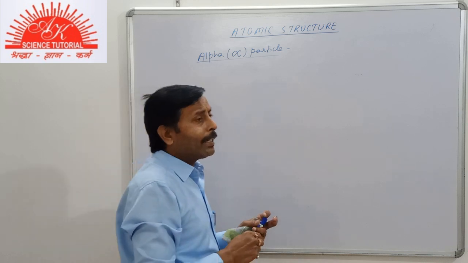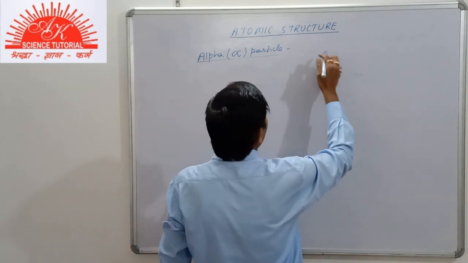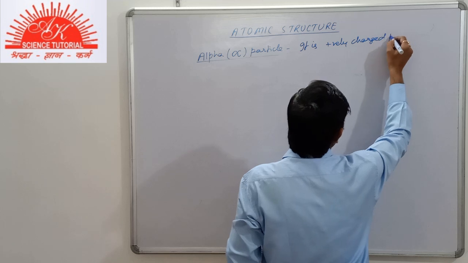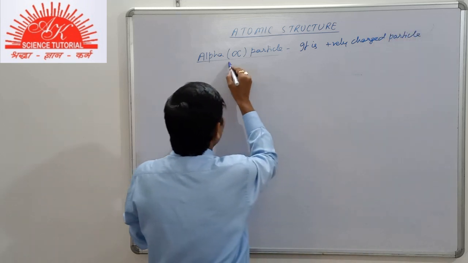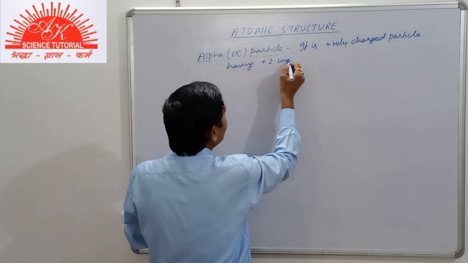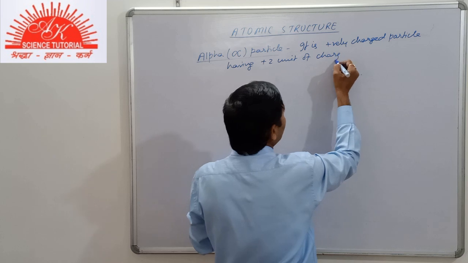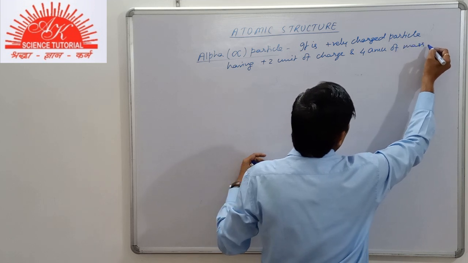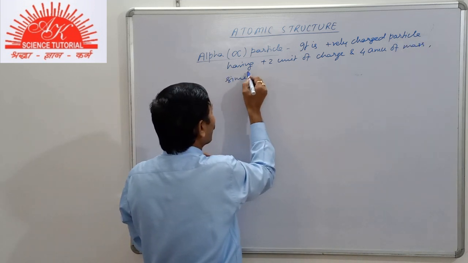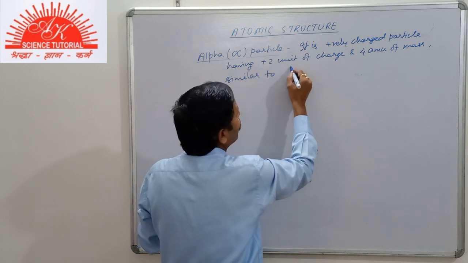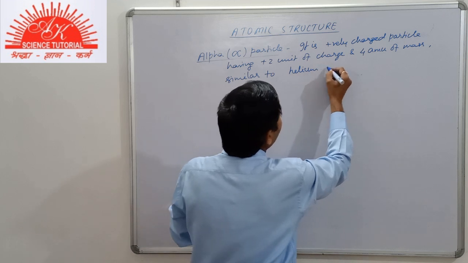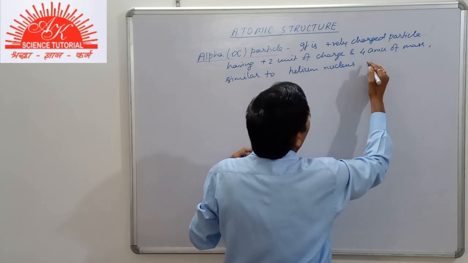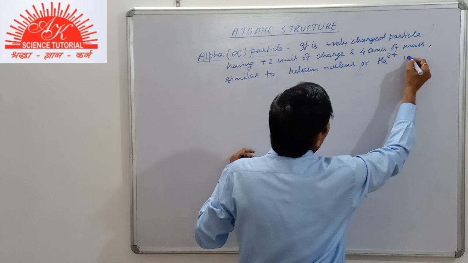Alpha particle is a positively charged particle having +2 unit of charge and 4 AMU of mass, similar to helium nucleus or He2 plus ion.